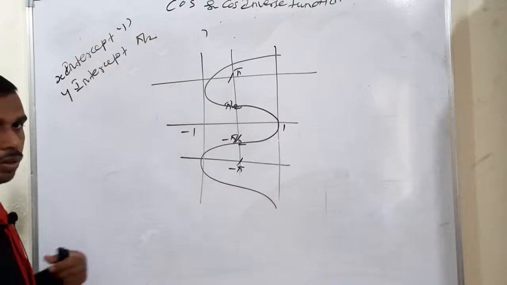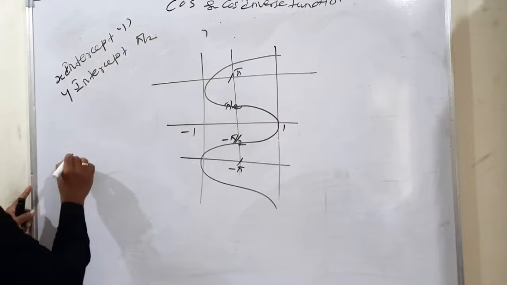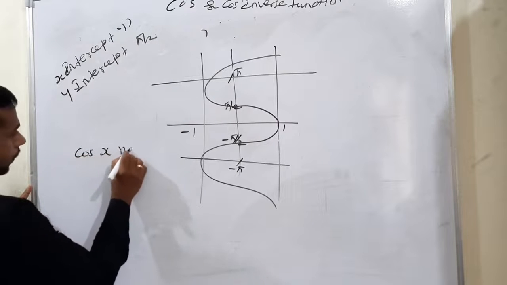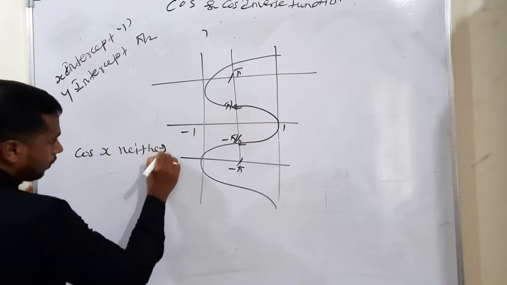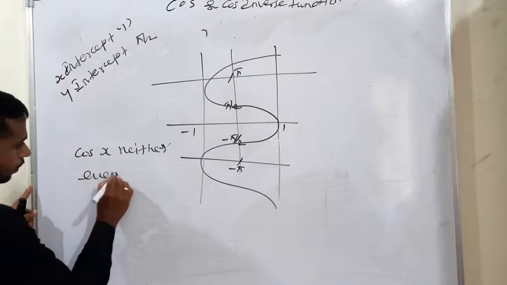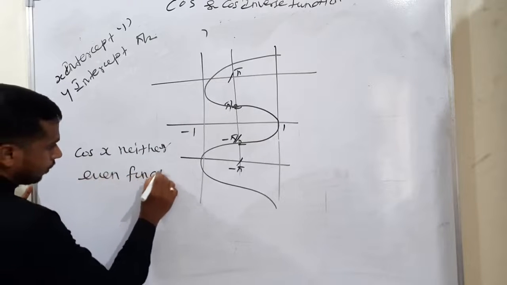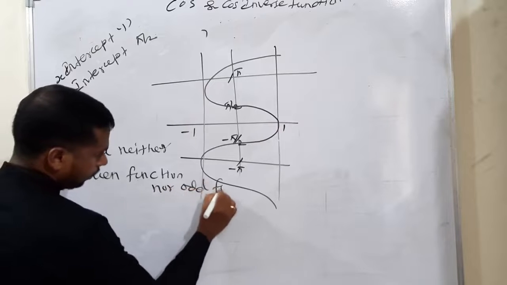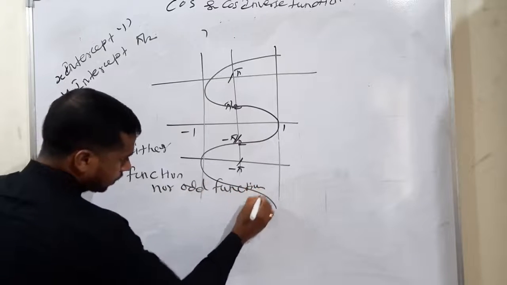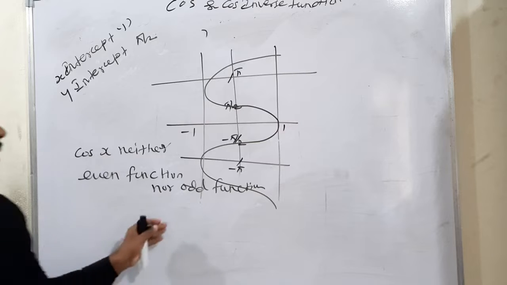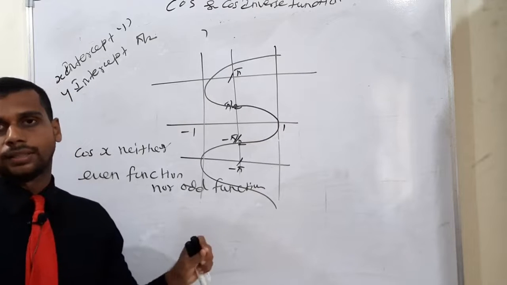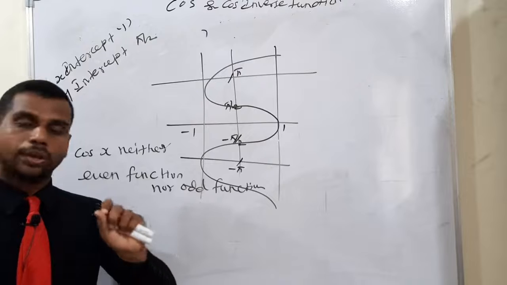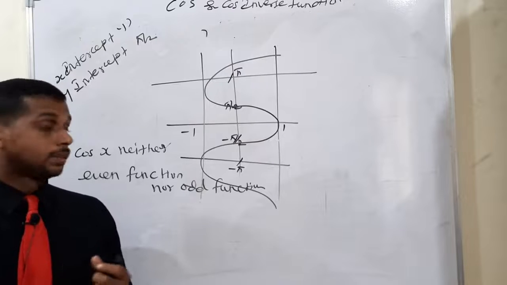That's why we are saying cos x is neither an even function nor an odd function. Okay, this is also important. So the last few points we have discussed are important for one more question. Okay, so please listen, my dear students.